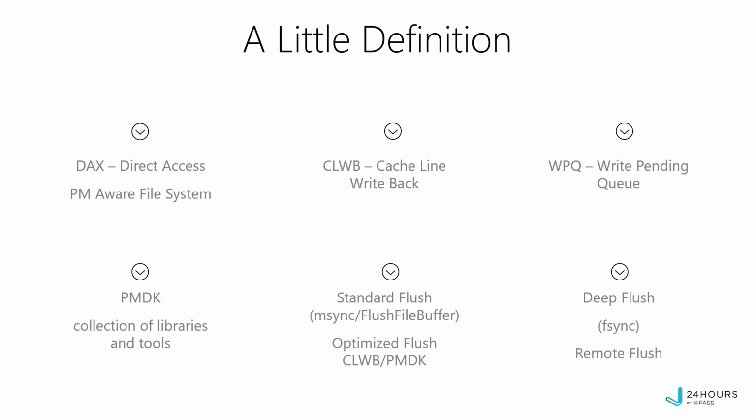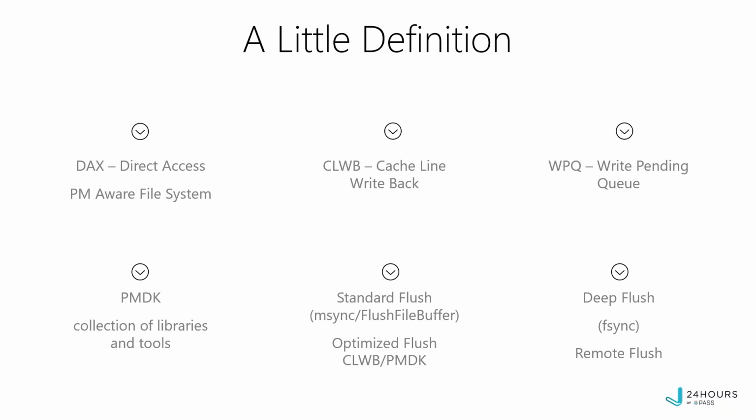Inside the memory controller, we have a WPQ, which is a write pending queue. Basically, it is a part that is power protected and is going to write to the memory media. So the hardware will need to have power protection on that part in order to avoid any lost writes.